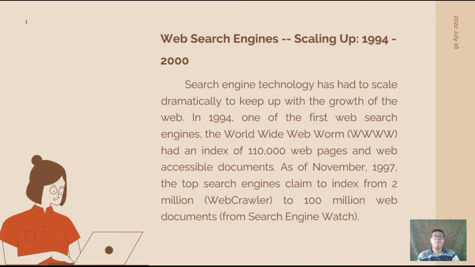As of November 1997, the top search engines claim to index from 2 million web crawlers to 100 million web documents from Search Engine Watch. It is foreseeable that by the year 2000, a comprehensive index of the web will contain over a billion documents. At the same time, the number of queries search engines handle has grown incredibly too.